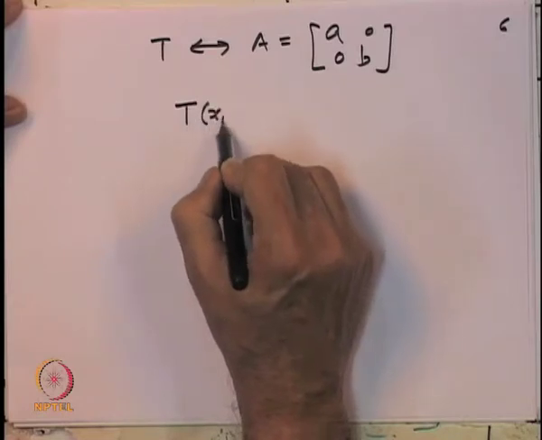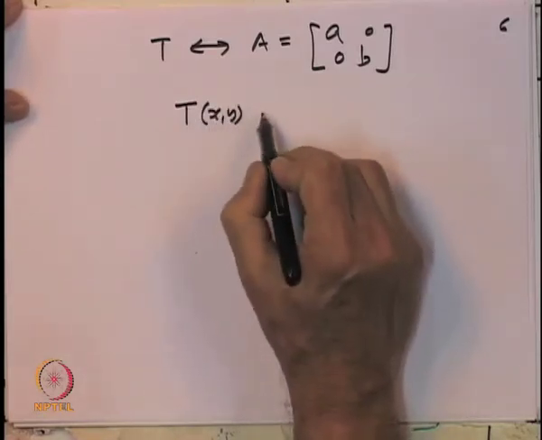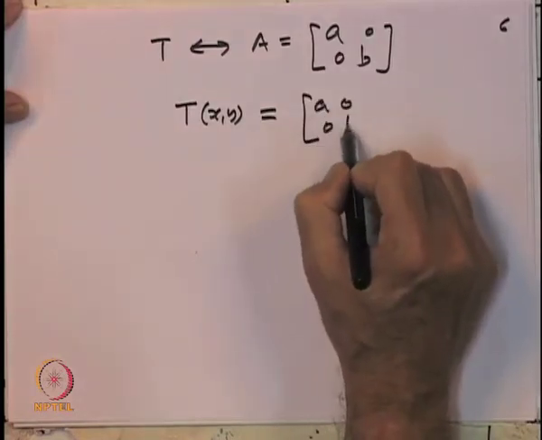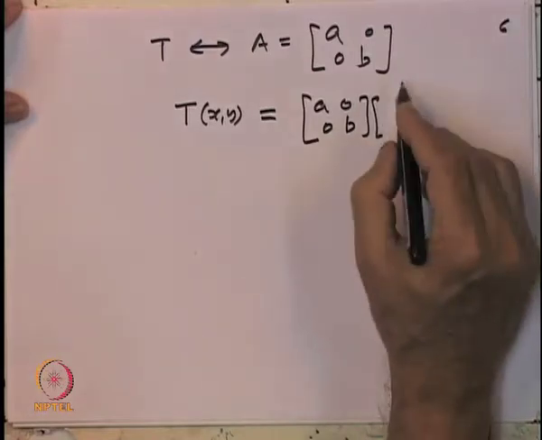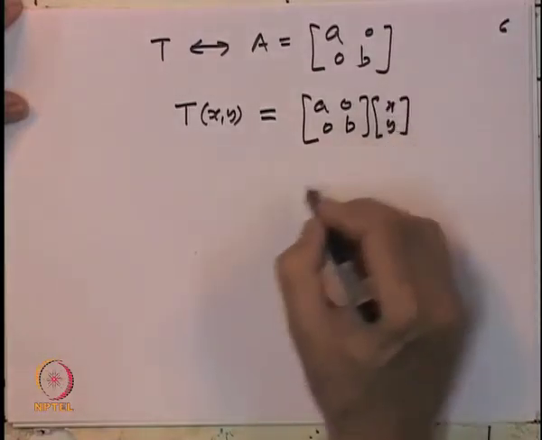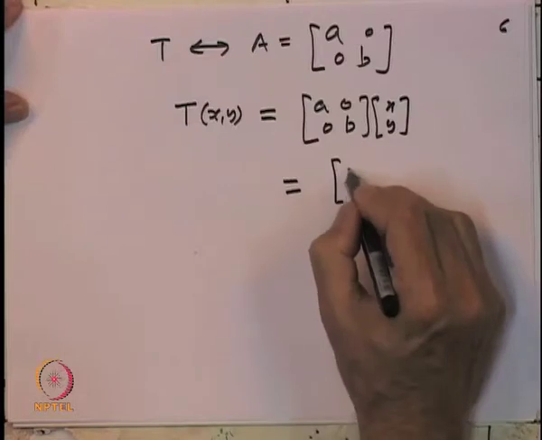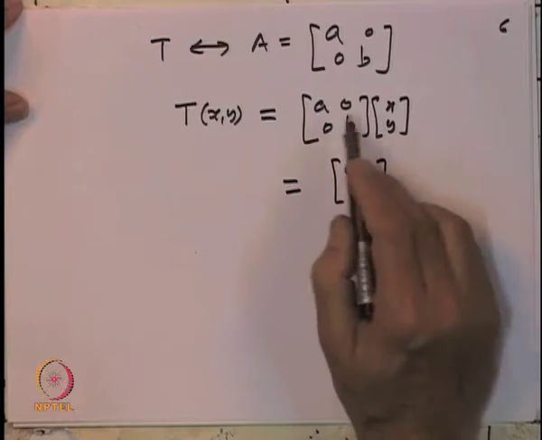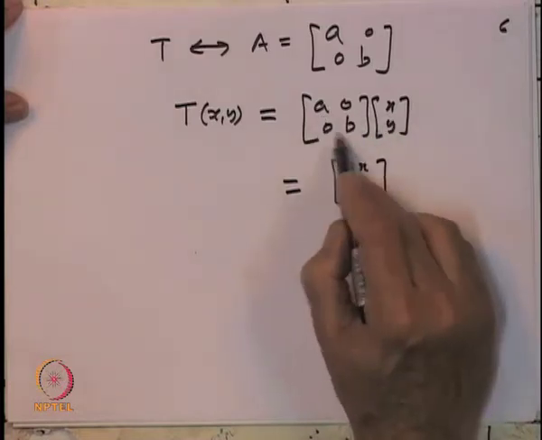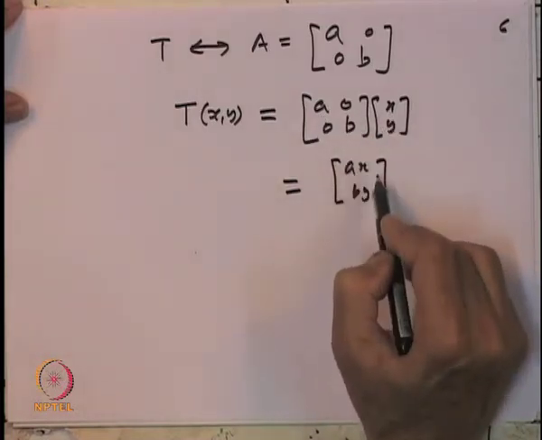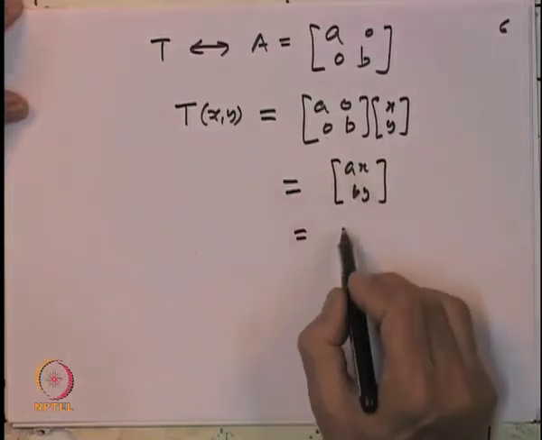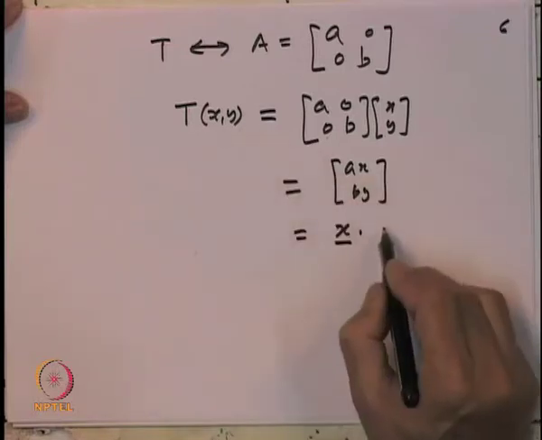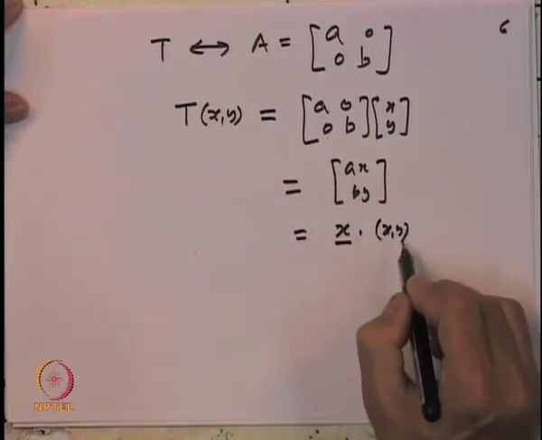T applied to a vector with components x, y is the same as the matrix with diagonal A, B applied to the column vector x, y, and the matrix multiplication says it is just A x and B y. That is the same as, in our notation, the vector x multiplied with the vector with components x, y.